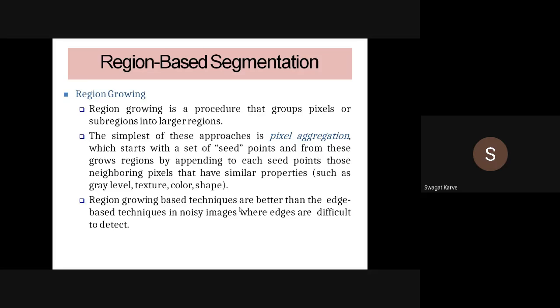Second class is the group of pixels having intensity values that lie between the range of the thresholds, that means between T1 and T2. And the third class, that means C, will be the class or group of pixels having intensity values greater than the upper threshold, that means T2, right? So based on T1 and T2 values, you will get three different classes or three different groups of objects, right? So that is all about the thresholding.